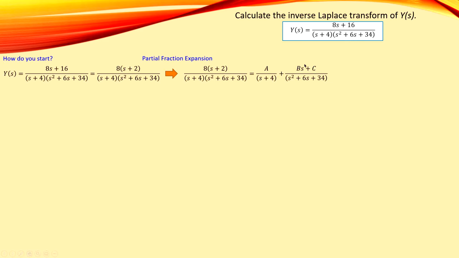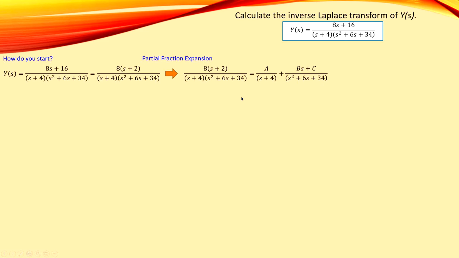We have now two unknowns in the numerator of the second term. So the first order term of the denominator we take with an unknown coefficient A, and in the second part of the fraction I take Bs plus C, which are the two other unknowns for the second order term.